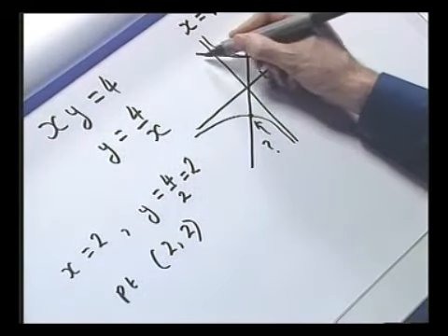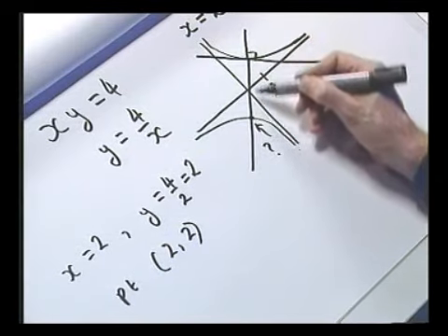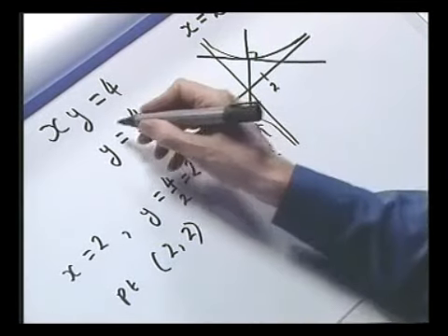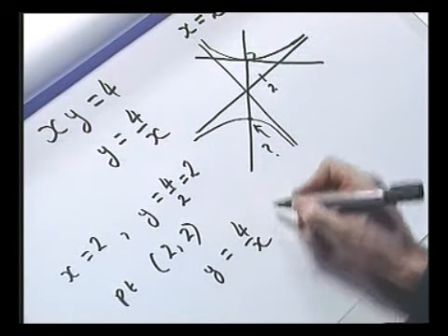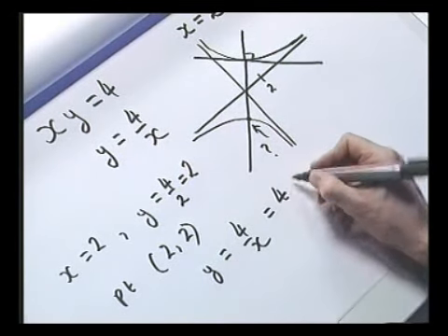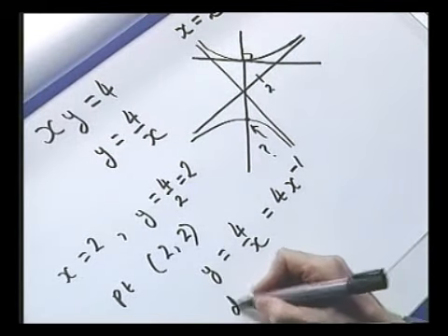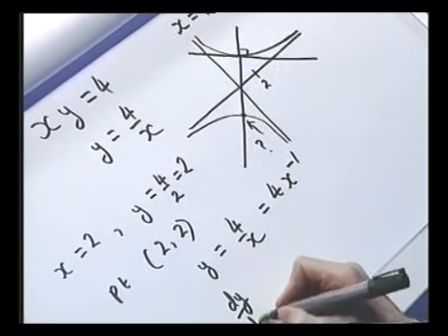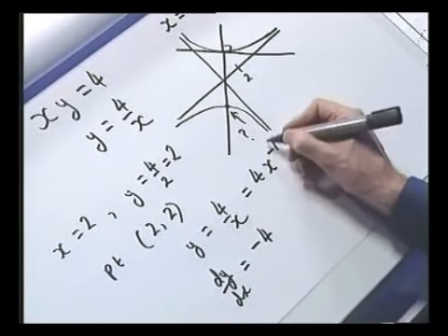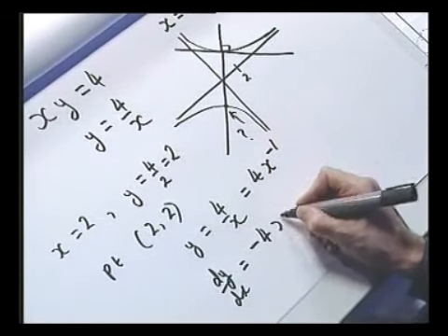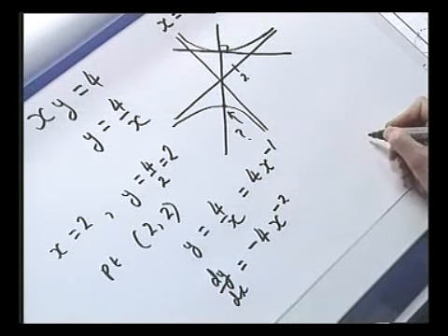Next, we want the gradient of the tangent in order that we can find the gradient of the normal. So here we have y equals 4 over x, which is 4 times x to the minus 1. So I'll differentiate that. dy/dx equals minus 4 multiplying by the minus 1, and then taking 1 off the index, that gets it to be minus 2.